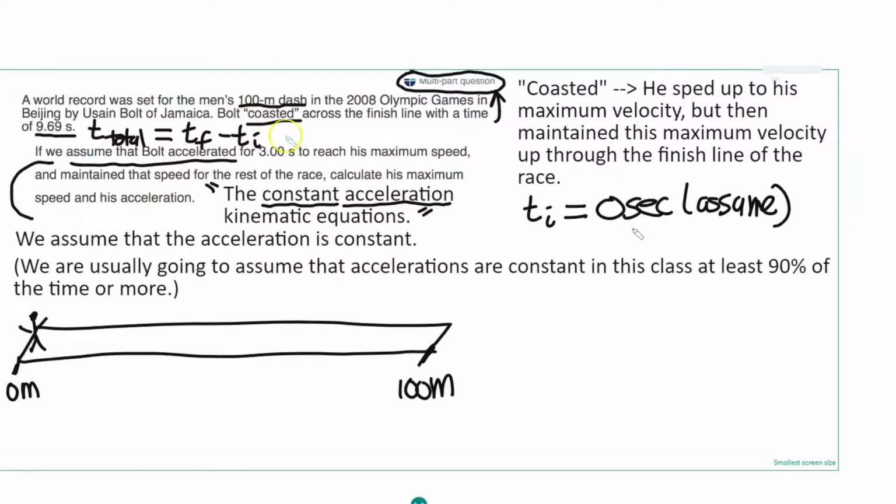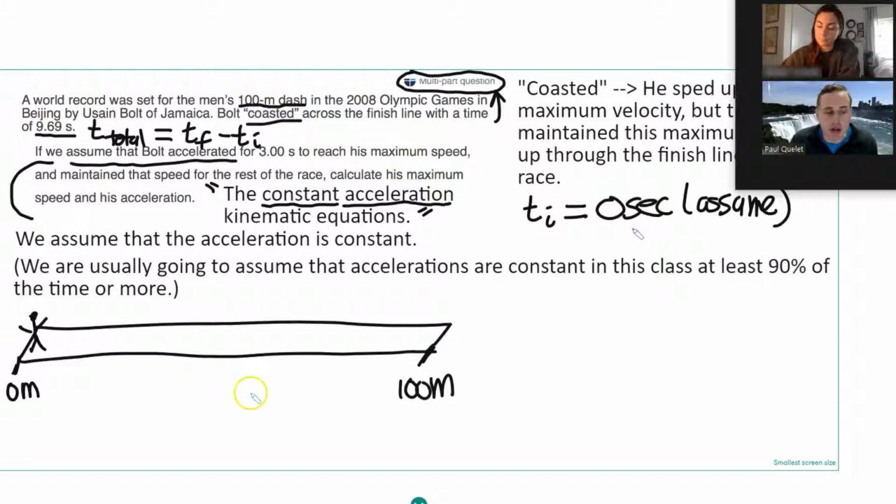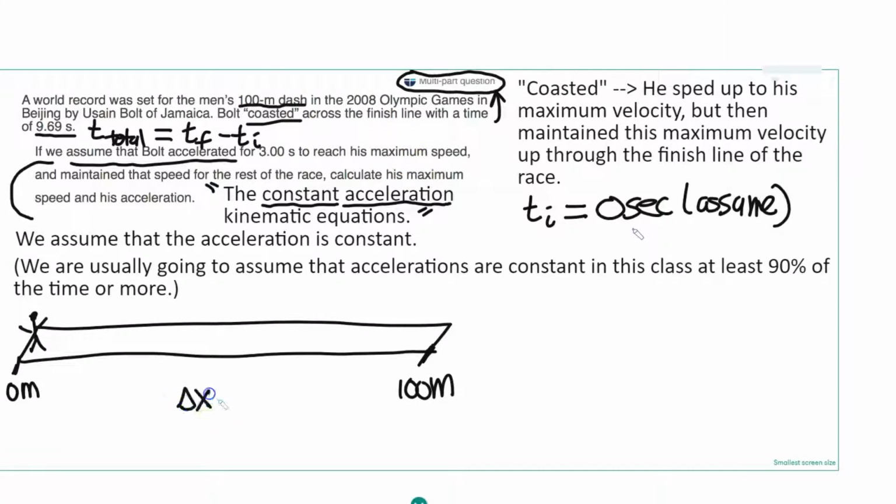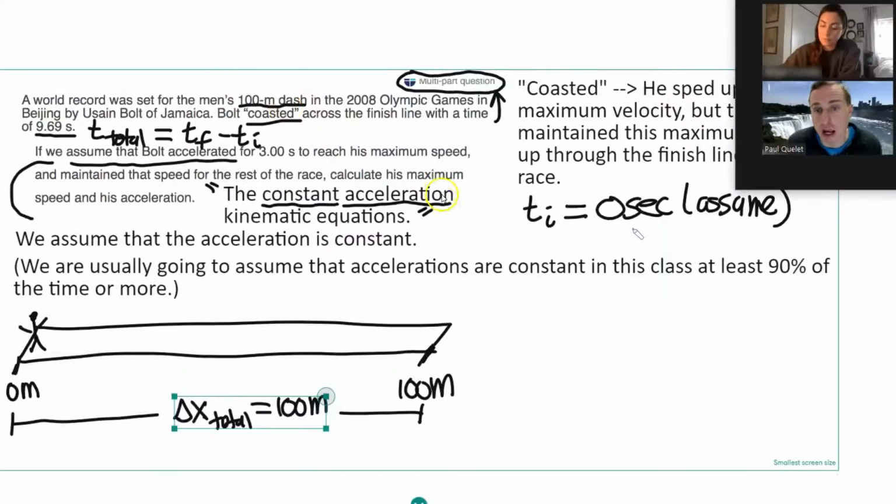In fact, since it's a 100-meter dash, why don't we call this delta x total is 100 meters. All the way from here to here, that's delta x total. It's the total displacement. That was actually mentioned before. We underlined that, but now we're sort of labeling it.